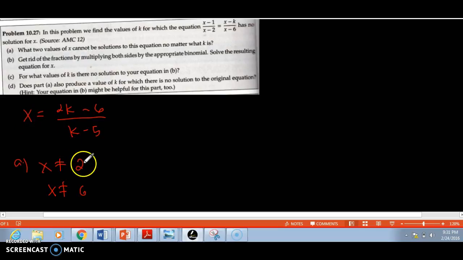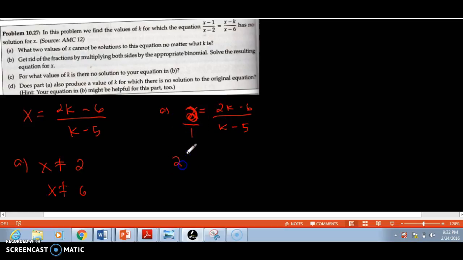So for the first one, when your x is equal to 2, then 2 is equal to 2k minus 6 over k minus 5. This is part A of D. 2 is like a whole number that's over 1, then you can cross multiply again.